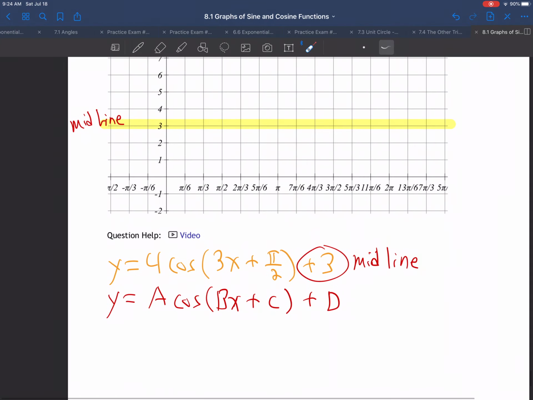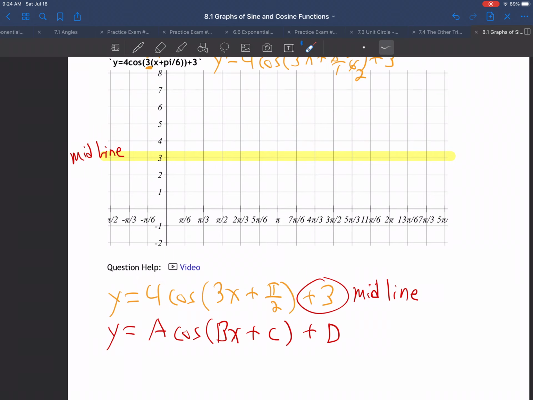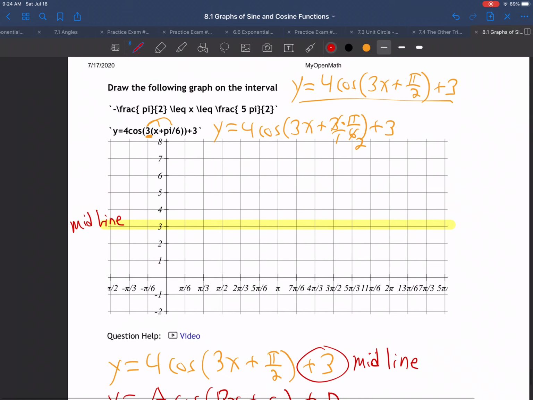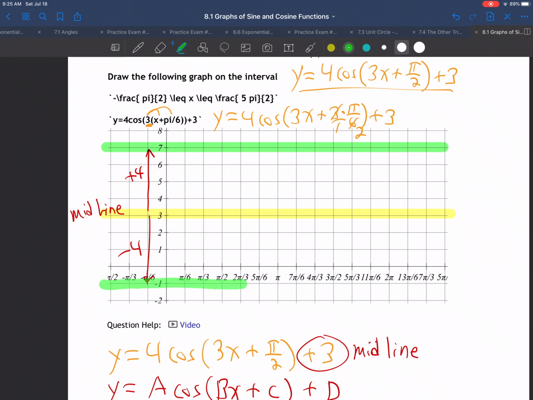So let's do that. Here a is 4. So that means we're going to go up 4 and down 4. So if I go up 4, I'm at 7. If I go down 4, I'm at negative 1. So there's the top and the bottom of our graph. I'm going to put in a top line and a bottom line, kind of make like a window in which I'm going to put the graph, in which our graph lives.